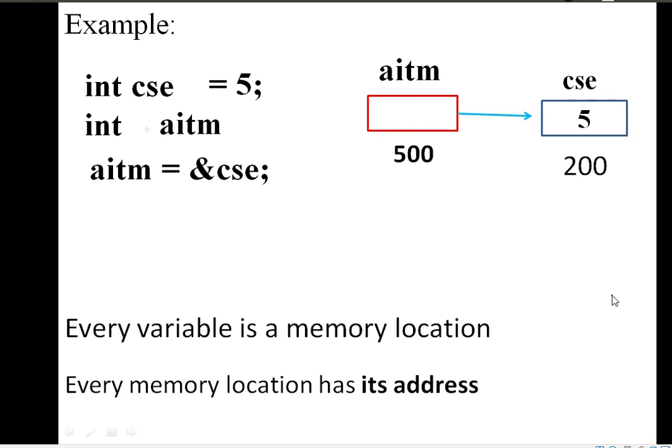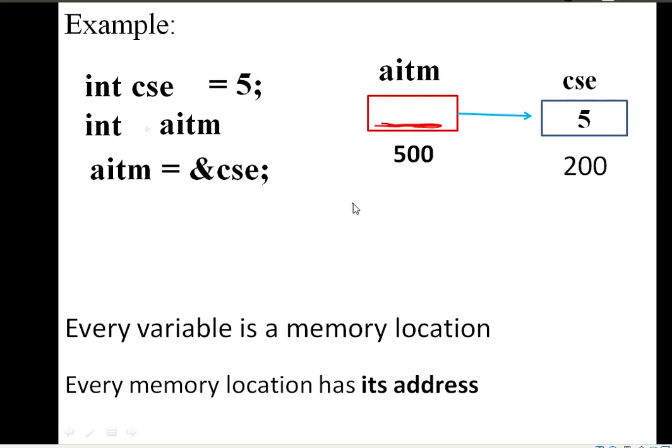So it holds the address of another variable. How many variables? 2 variables, AITM and CSE. AITM is a pointer variable, CSE is a normal variable. The pointer points to another variable, or holds the address of another variable. Now what value will come here in this space?